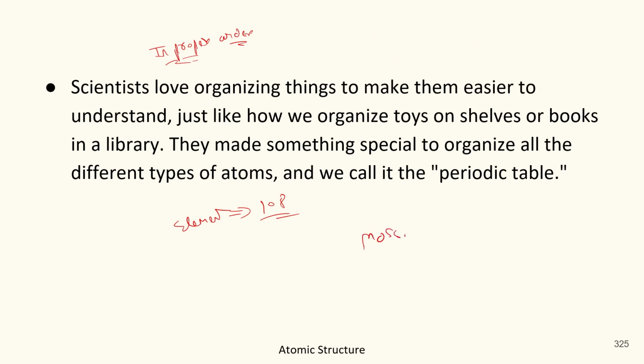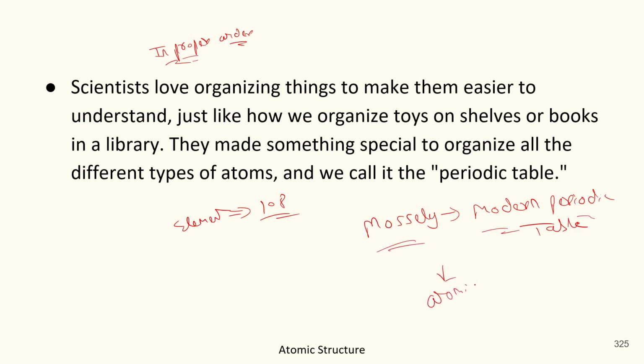Thereafter, another person whose name was Moseley gave the modern periodic table. Everything was the same, but instead of atomic mass, it has atomic number. Moseley said if we arrange the elements on the basis of increasing atomic number, then we will be able to arrange them in an efficient way.